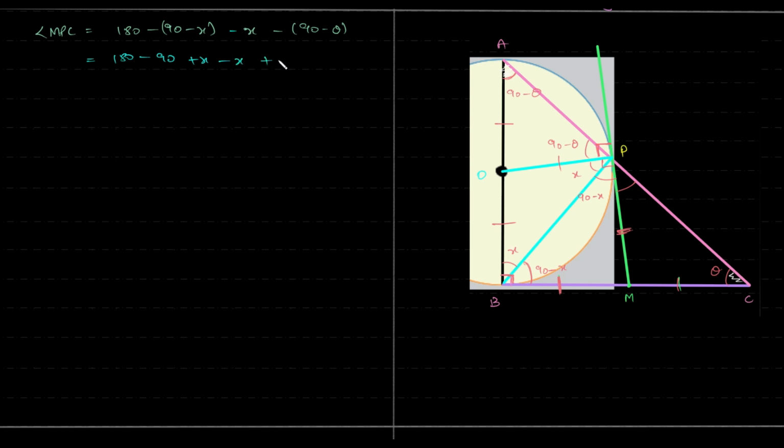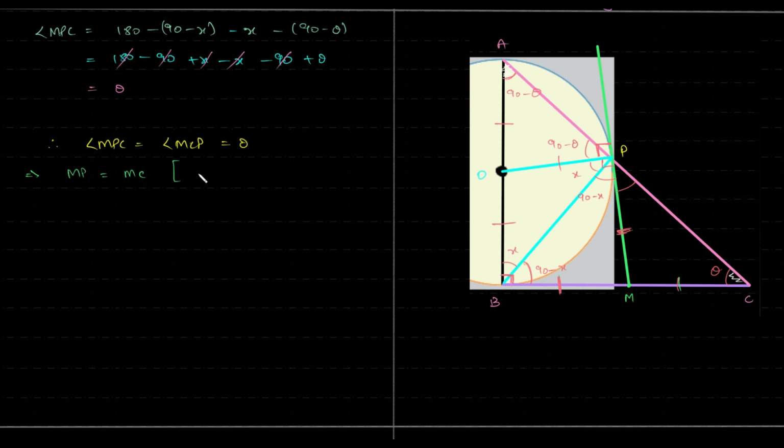Minus x minus 90 plus theta. And now we have minus 90, 180 degree getting cancelled, x and x getting cancelled, and we have this to be equal to theta. And therefore, angle MPC is equal to angle MCP. Both are equal to theta. And this implies side MP is equal to MC.